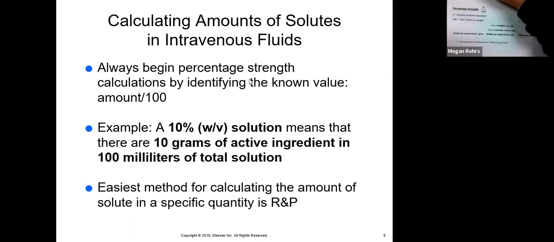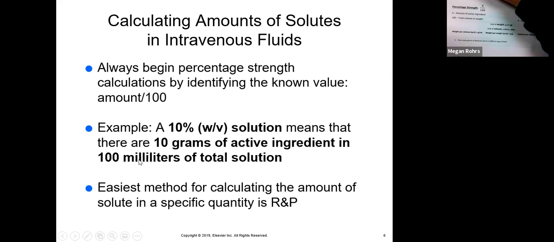So for example here, on this slide, I have a 10% weight per volume solution. Anytime you see a percentage strength, the number that is given before the percent sign is your X. So a 10% solution would mean we would have 10 grams in this case, because we're looking at weight on the numerator, 10 grams of active ingredient in every 100 milliliters.